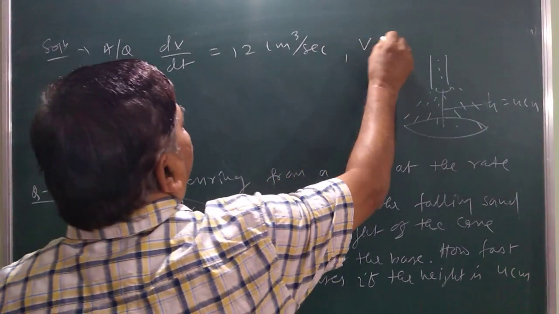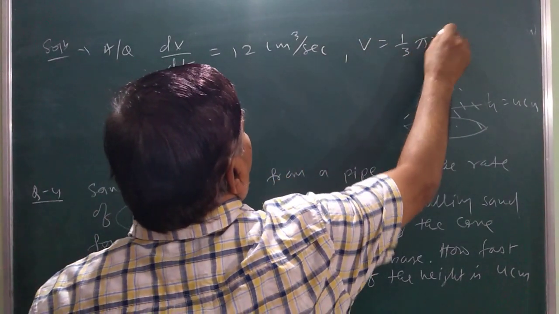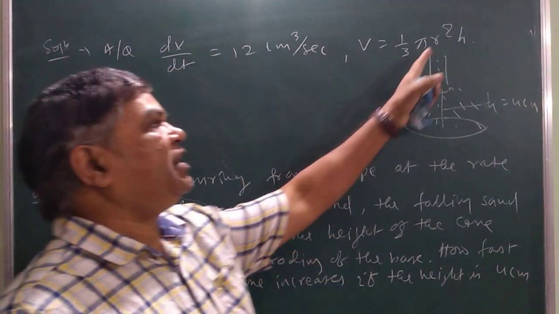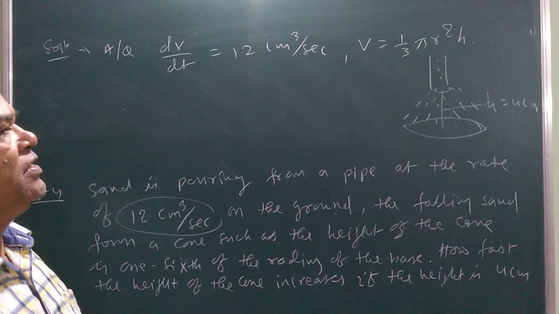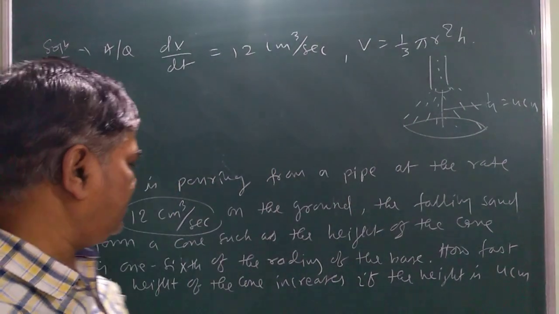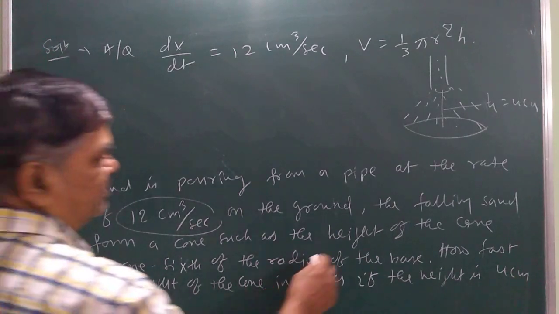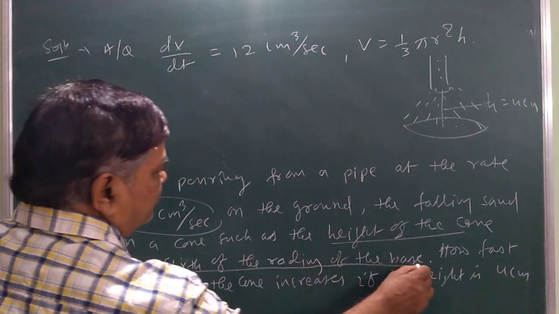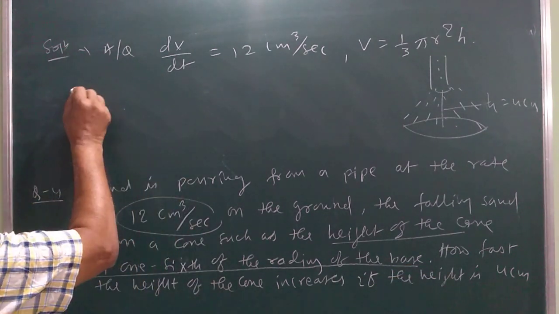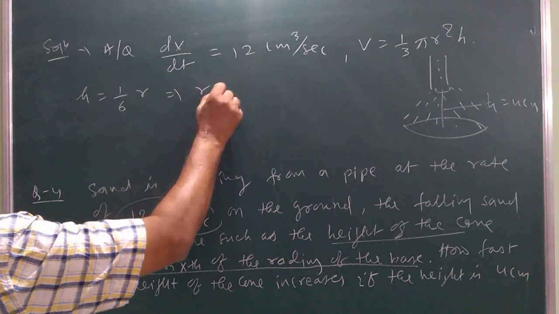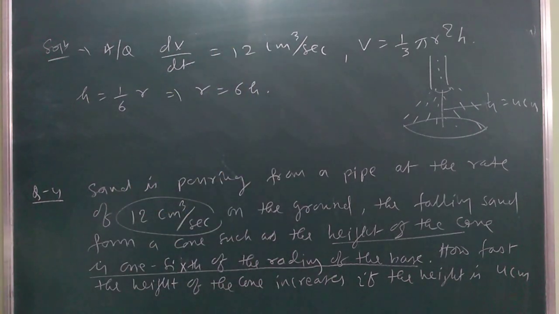Now we know that V is equal to 1/3 pi r square h. So there are two quantities, r and h. To balance these two quantities, one thing is given in the question: the height of the cone is 1/6 of the radius of the base. That is, height is 1/6 of r, so r is equal to 6h.